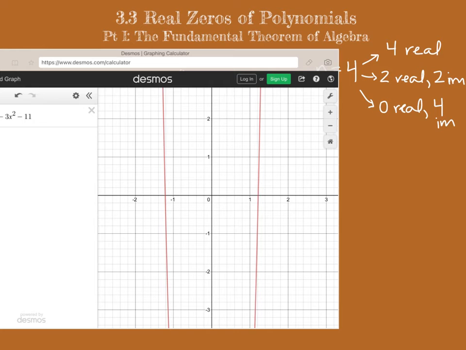Here's the other real root, a positive 1.2. This quartic polynomial is degree 4, therefore it has 4 total roots, and 2 of them ended up being real because we can literally see them, and they each have a multiplicity of 1. The other 2 are imaginary, and we will not get there in this chapter, but we'll focus on that down the road.